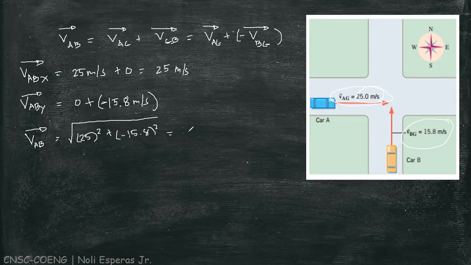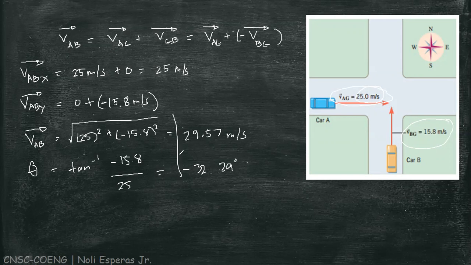Therefore we have the final magnitude of 29.57 meters per second. And for the direction theta, arctangent of negative 15.8 over 25. Therefore, we have negative 32.29 degrees. So here's our final answer.